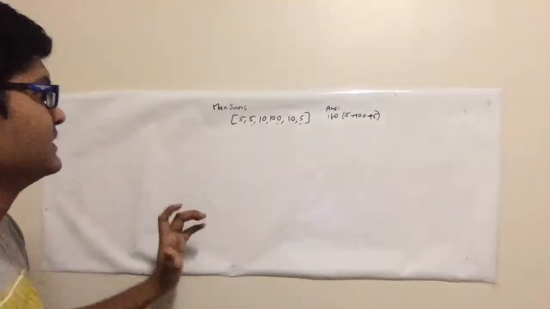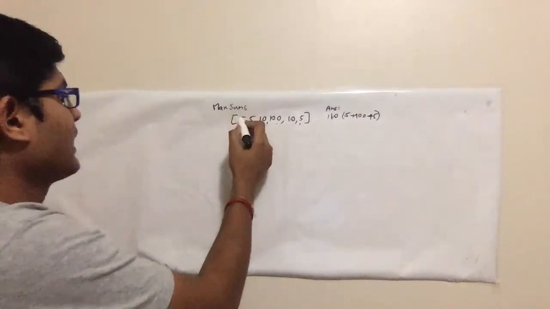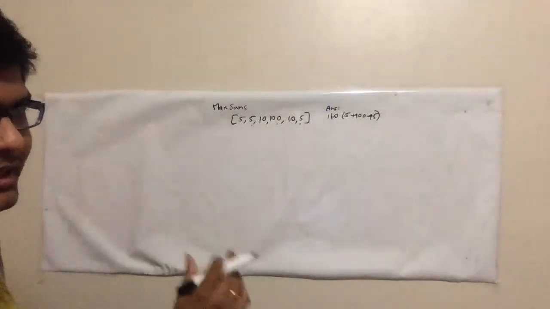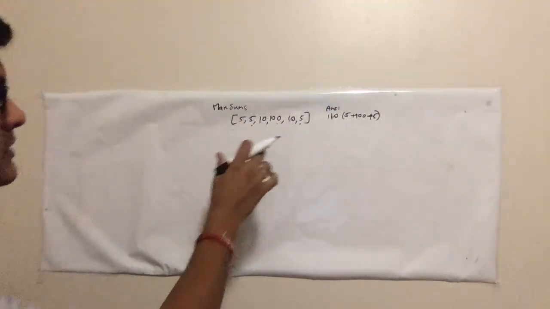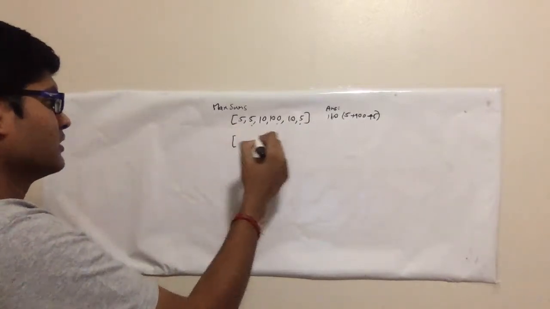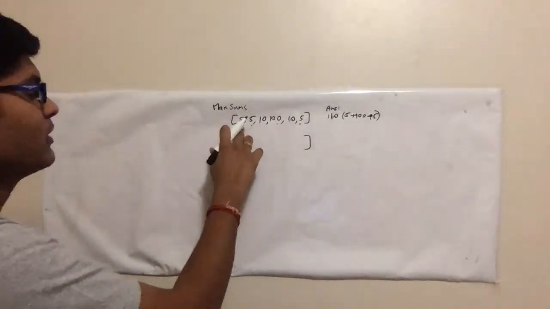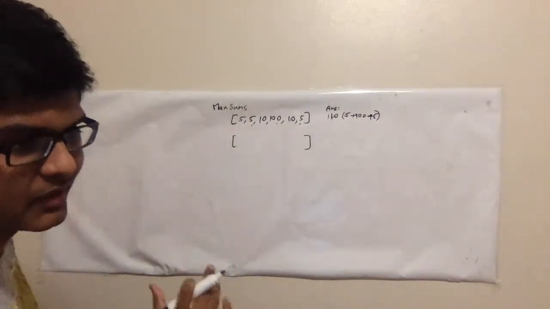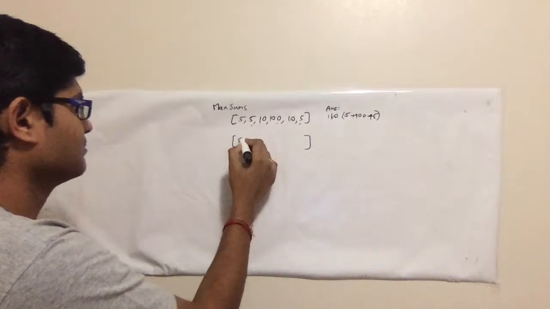Basically, this is a DP problem, a dynamic programming problem, and we can get the solution by solving small chunks of the original problem. Say, if 5 is the only element in the given input array, what is the maximum sum? 5 is the maximum sum.